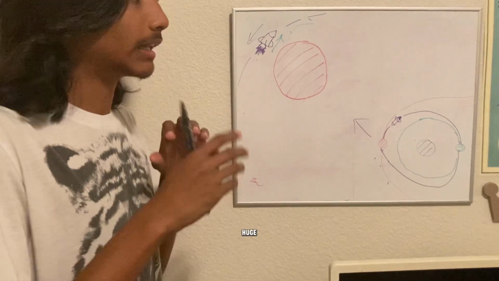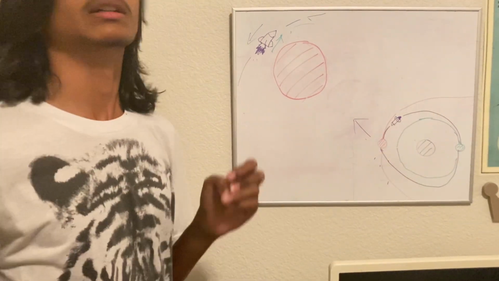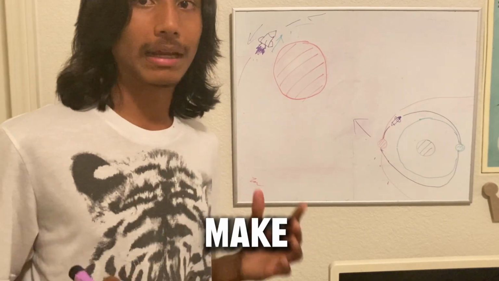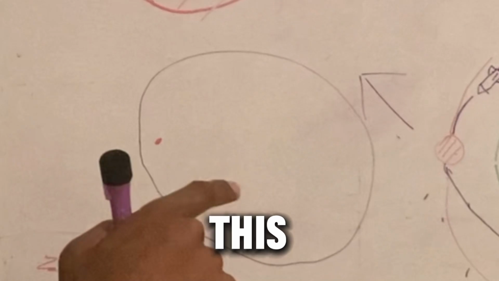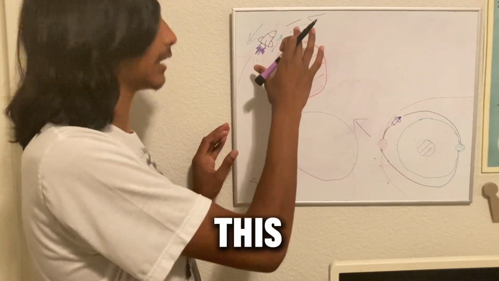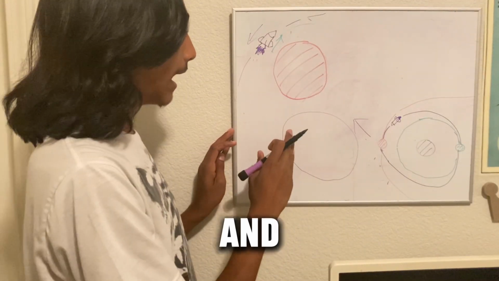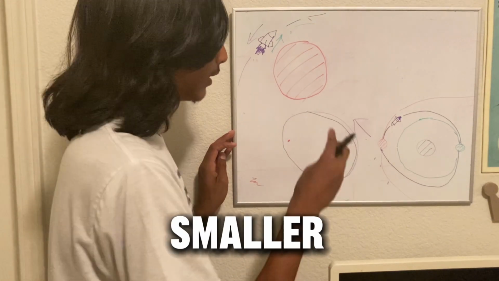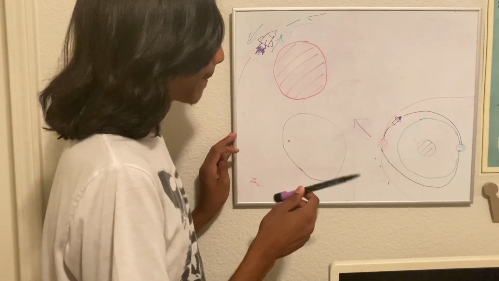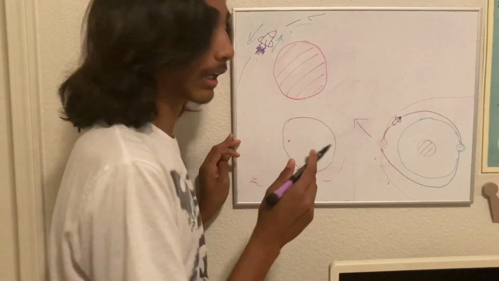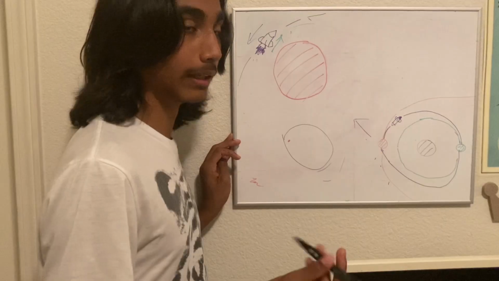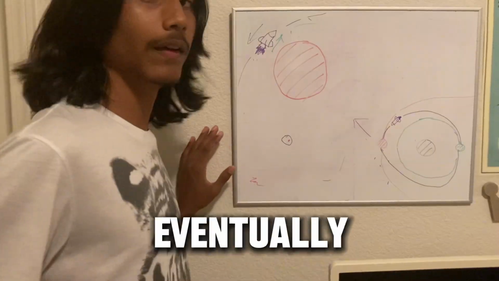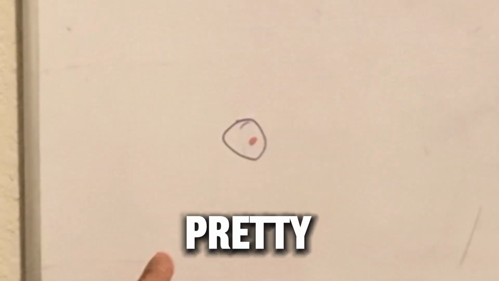Its orbit is going to start out huge, the size of a solar system, but as it's accelerating in the opposite direction as it's moving, it's going to slow down and make its orbit smaller. This is its orbit, and it's doing this maneuver, slowing down, and this is what its orbit looks like. But then its orbit gets a little smaller. It gets a little smaller, and then a little smaller again, and again, and eventually our rocket's going to have a pretty circular orbit.